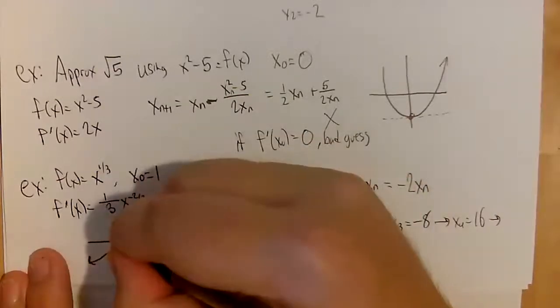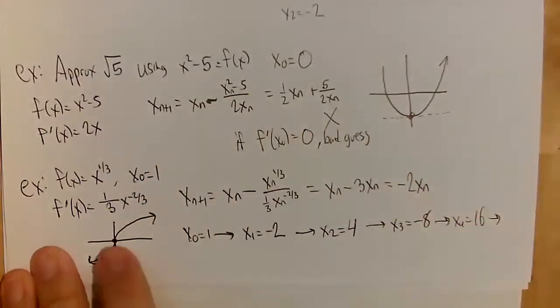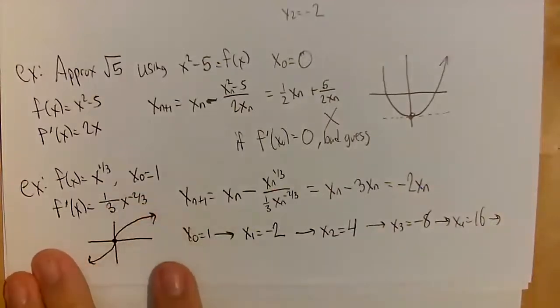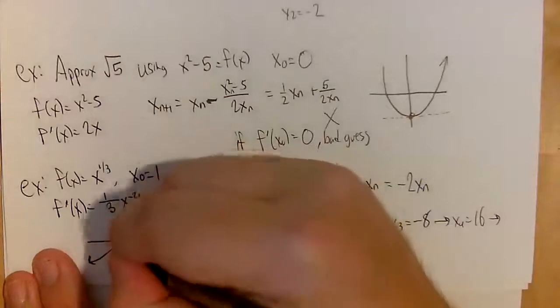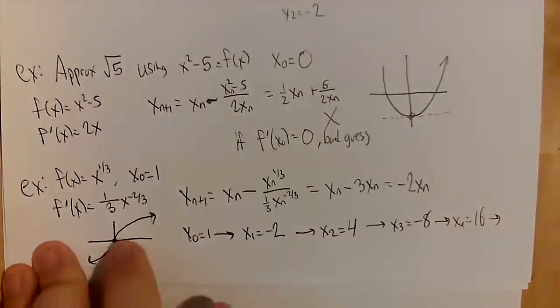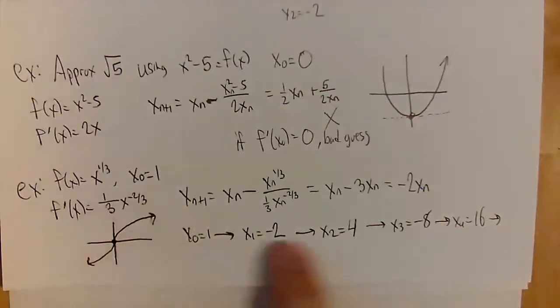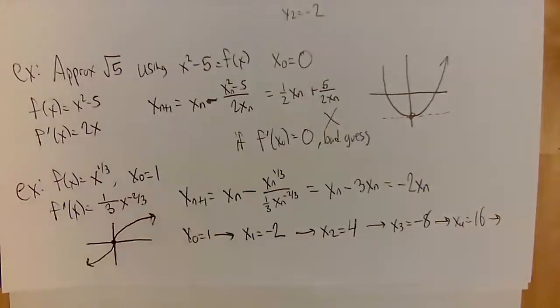And notice that the root of our function is coincidental with where our derivative does not exist. So the tangent line here is going to be vertical. So if you ever have something where your derivative won't exist where the root is, you'll probably run into some issue like this. All right, that's all I have to say about Newton's method.